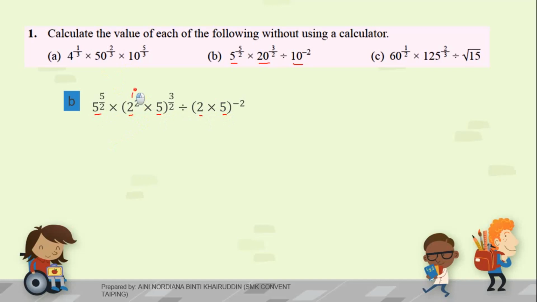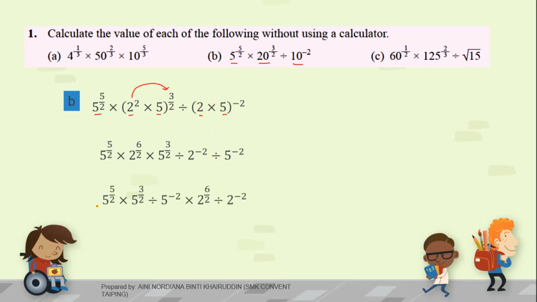You have to take out this in the bracket. So you get 5 to the power of 5 over 2 times 2 to the power of 2 times 3 over 2, 6 over 2 here, times 5 to the power of 3 over 2 divided by 2 to the power of negative 2. So this one becomes divide because this is bracket.